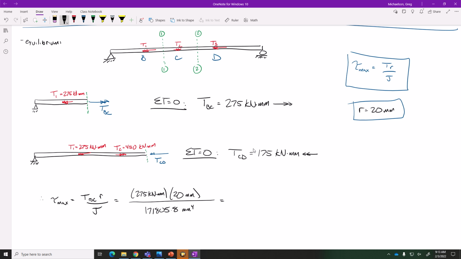So when you chug this out, you're going to get, I think we said this was 6.806.